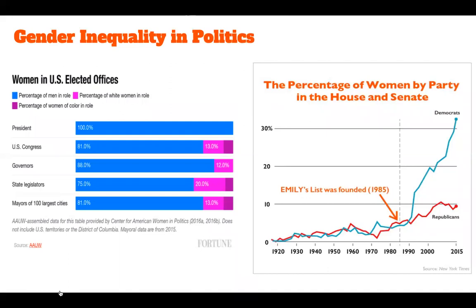And I give you this other chart because it's worth noting that in a country where we have a strong two-party system, and it varies election to election who has control of the Senate and the House, there is a huge gap between elected female politicians who are Democrats and elected female politicians who are Republicans.